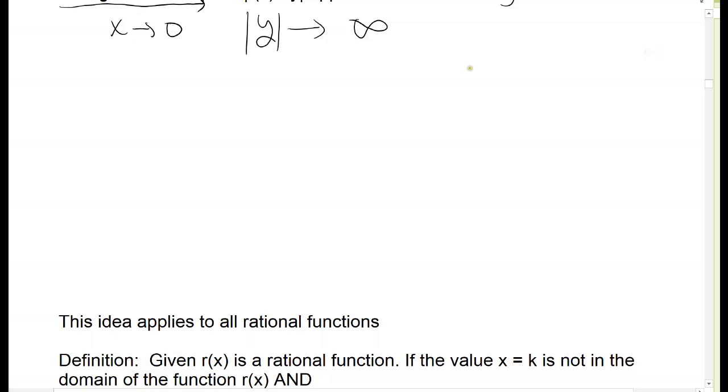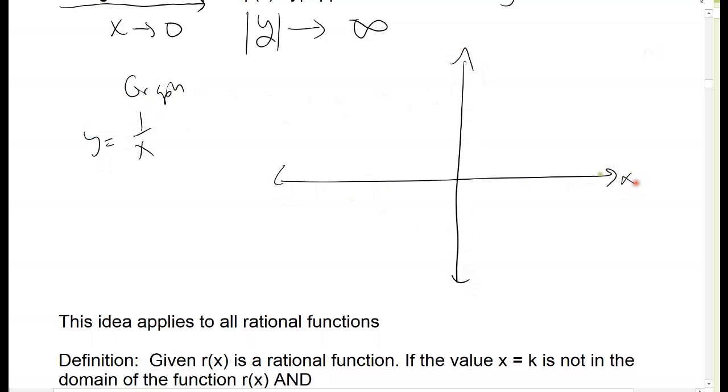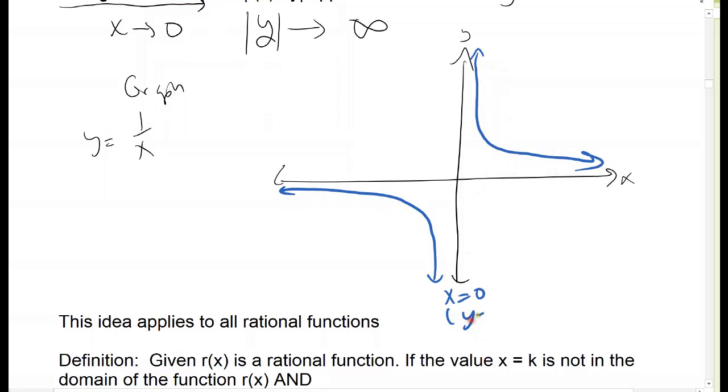If we graph it, we'll see that. So, the graph of 1 over x. There's my x-axis and y-axis, and it comes up and approaches like this. Again, this would be x equals 0, which is the y-axis. To the right, it's shooting off to positive infinity.